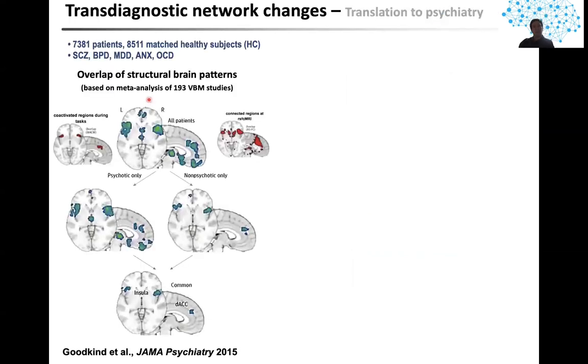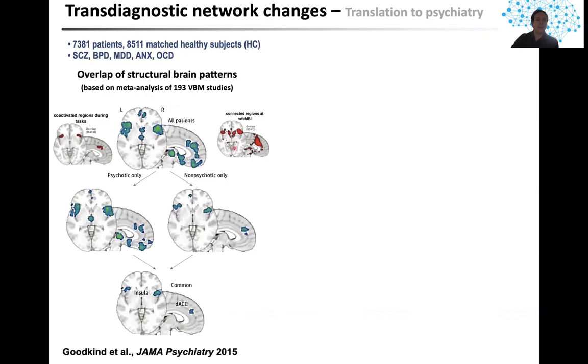Why is this relevant for psychiatry? If you look into this large meta-analysis of 193 voxel-based morphometry studies, it clearly shows that the bilateral insular cortex and the ACC are affected across different psychiatric disorders such as major depression, schizophrenia, or bipolar disorder.